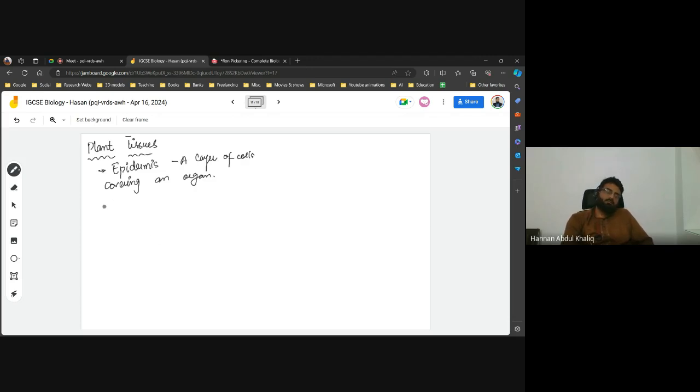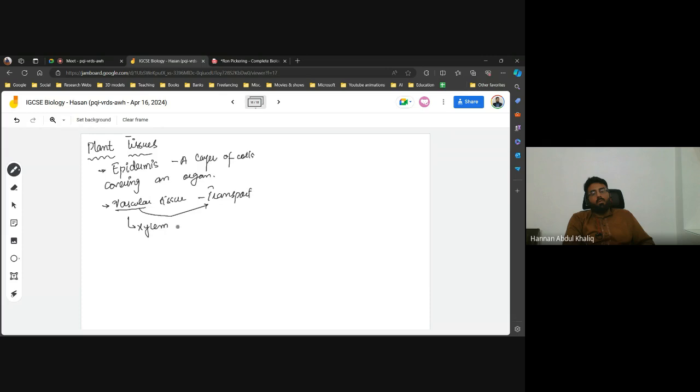Second is the vascular tissue. Vascular tissue is also known as transport tissue. The word vascular literally means transport. This tissue is of two types.